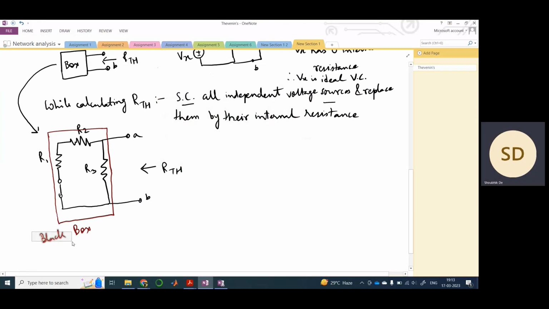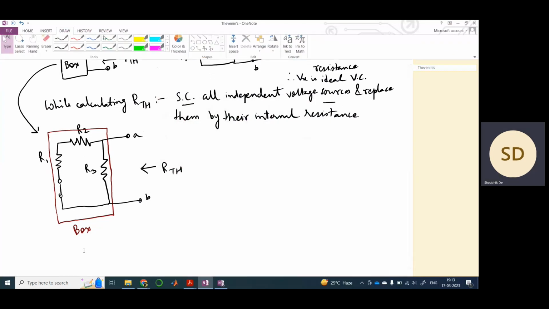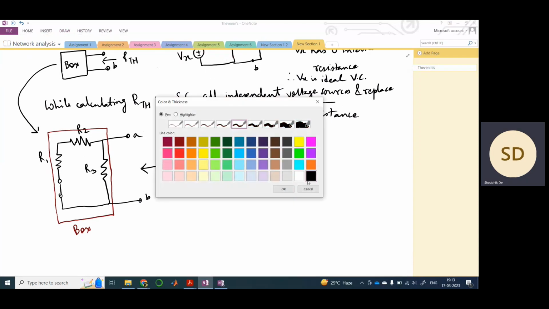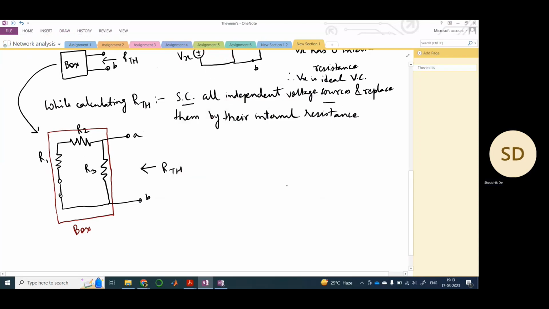I shouldn't say black box, because in a black box you don't know what is actually going on. So this is rather a box which consists of this kind of circuit. So therefore, your RTH would be what?